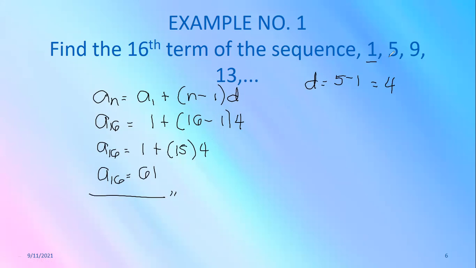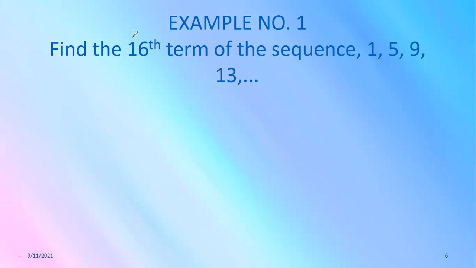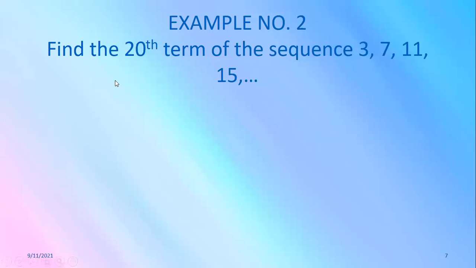Okay, so let's proceed. For our next example, you're asked to find the 20th term of the sequence 3, 7, 11, and 15. Okay, first, let's identify the first term. So the first term is 3.